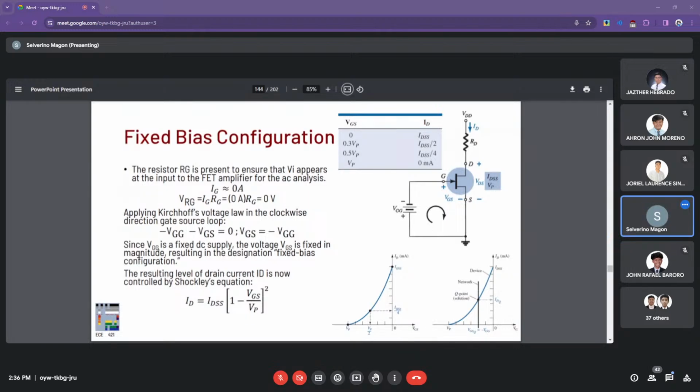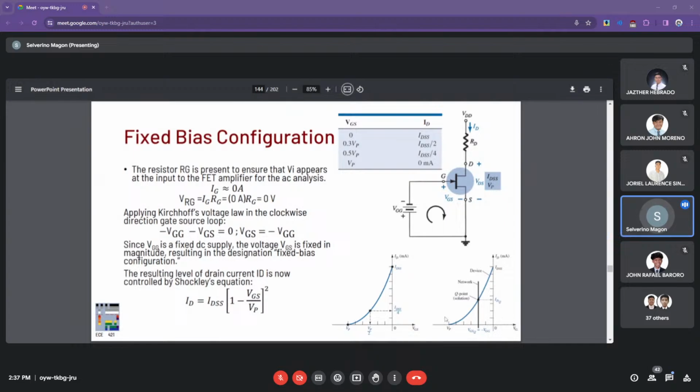Applying KVL through this loop, if we supply a negative voltage here, then there will be some voltage drop across the gate to source pins. So essentially, VGG, the supply voltage here, is equal to negative VGS.